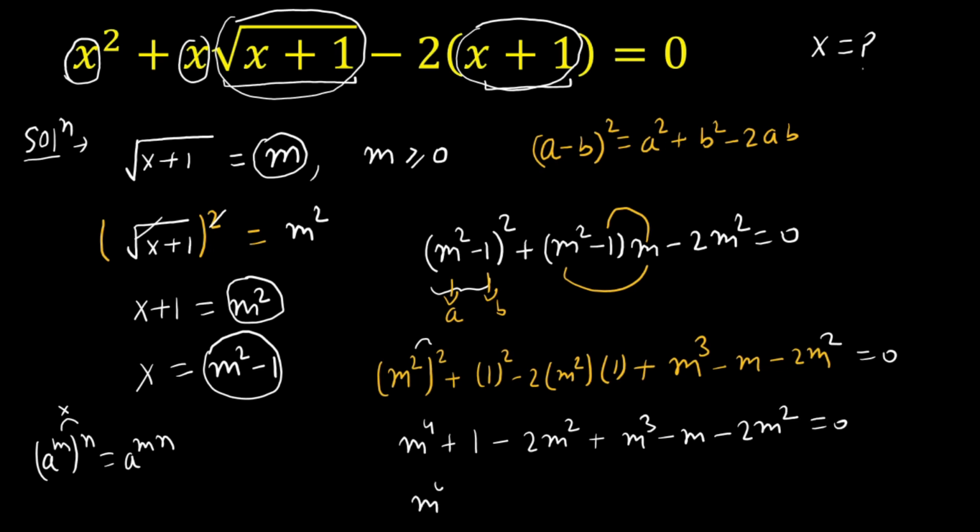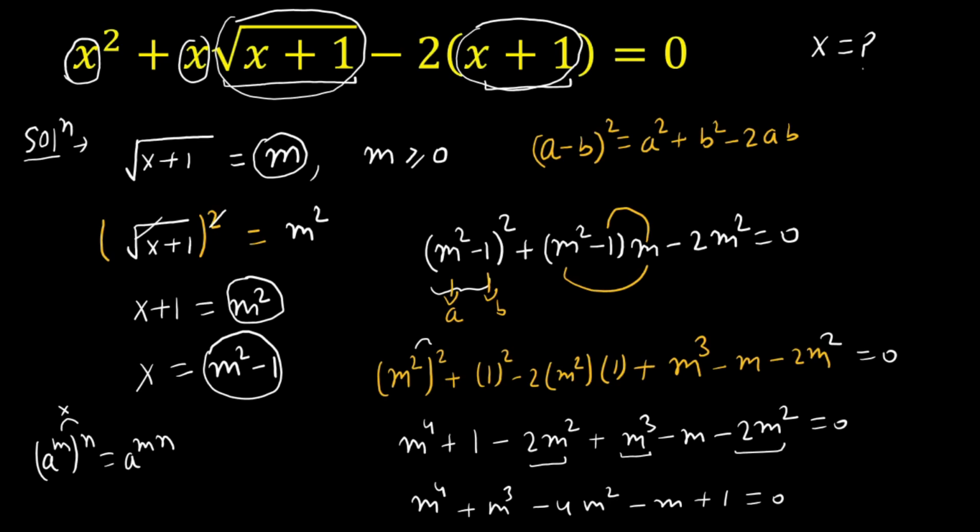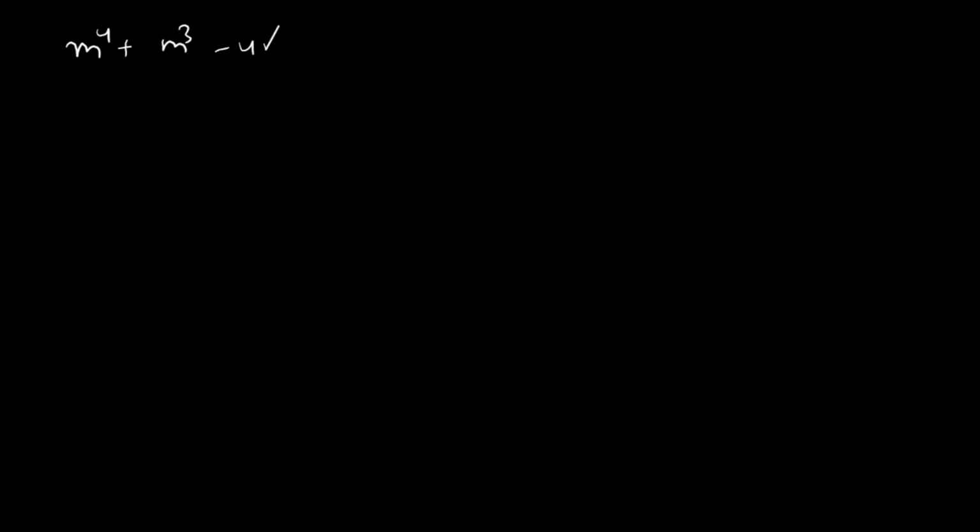Here m power 4 and m power 3, minus 2m square minus 2m square, that is minus 4m square, and minus m plus 1, this is equals to 0. Here this is a biquadratic equation, that is m power 4 plus m power 3 minus 4m square minus m plus 1.